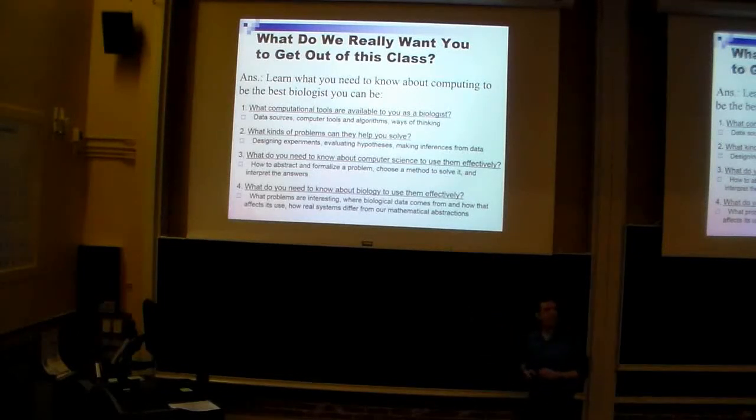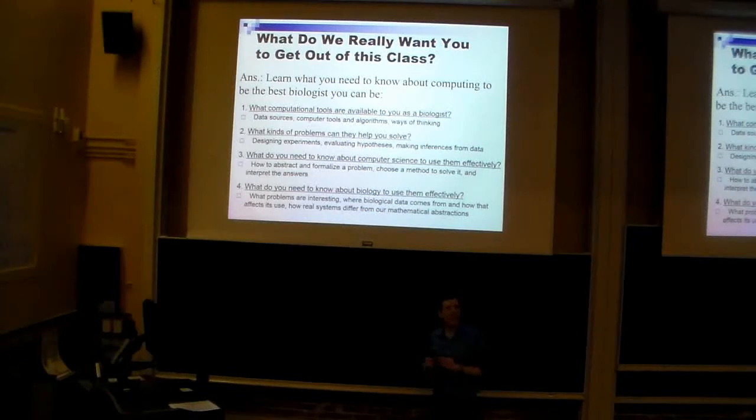Some of that's as simple as understanding what kinds of biological questions computational tools can help us solve. Often it comes down to the question of understanding data. So a lot of what we're doing in this class and a lot of what is really going on in biology today has to do with understanding and working with data.